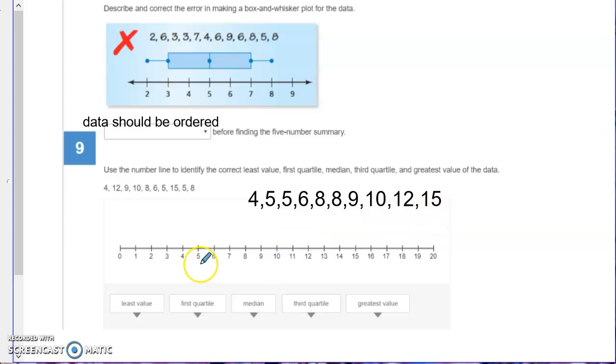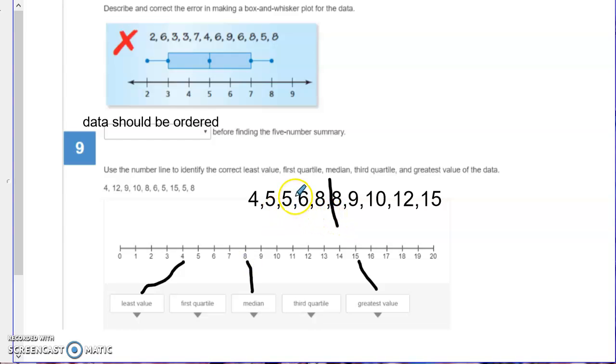Well, now that I have them in order from least to greatest, my least value is, of course, going to be 4, and my greatest value is going to be 15. So there are 1, 2, 3, 4, 5, 6, 7, 8, 9, 10 numbers. So to split them in half, you're going to have 5 numbers on each side. Now my median would be between 8 and 8, which means, of course, the median is 8.